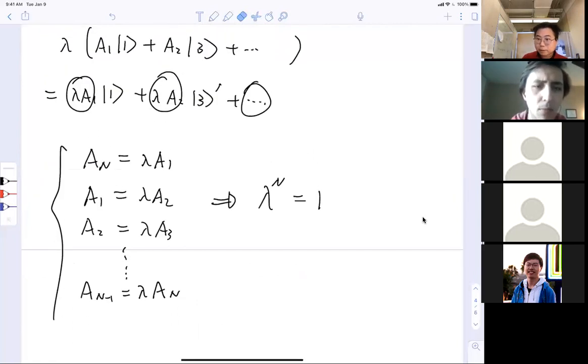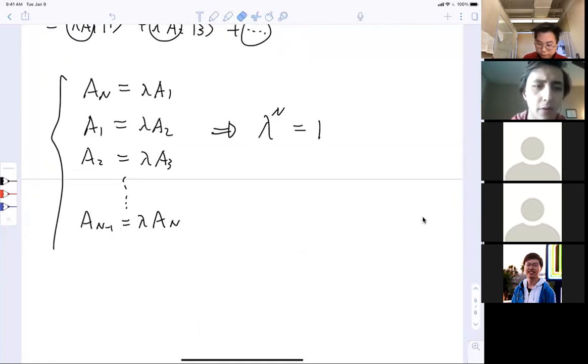But I think the same thing would happen if you add them all together, right? If you add them together, okay, that's correct. Then you'll get that lambda is equal to 1. Okay, that's really a tricky question, I see.